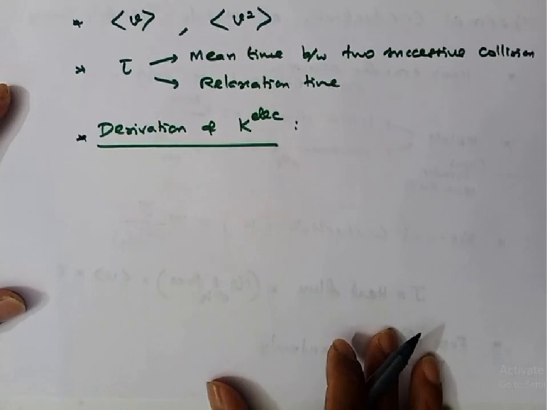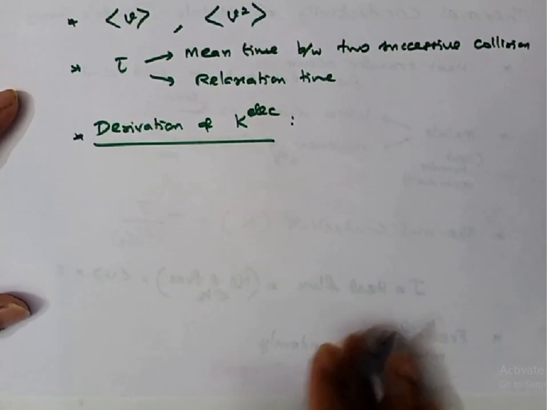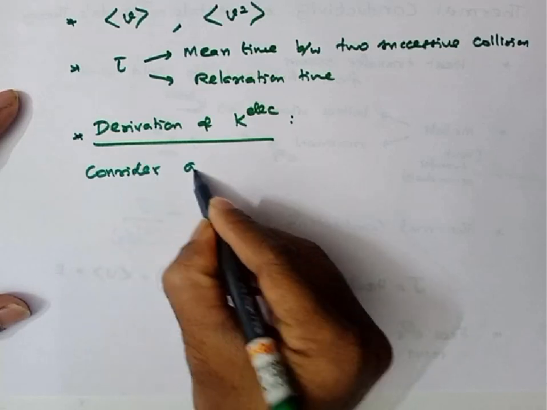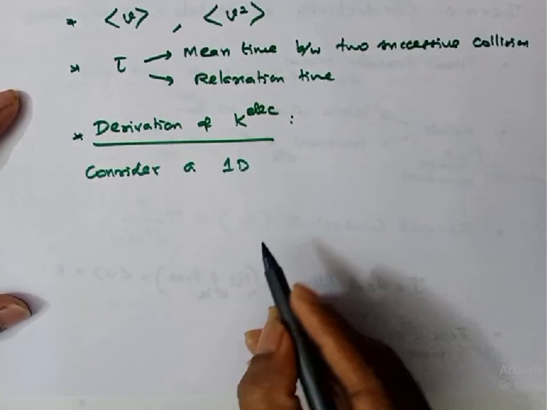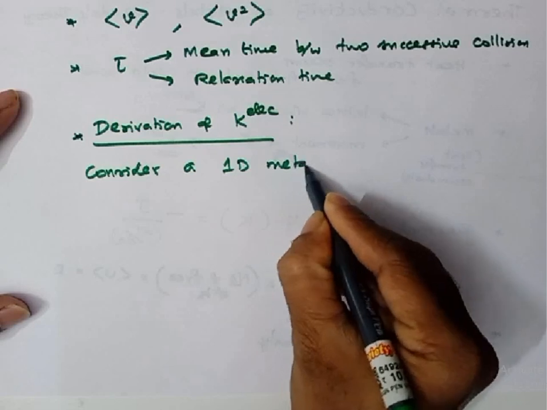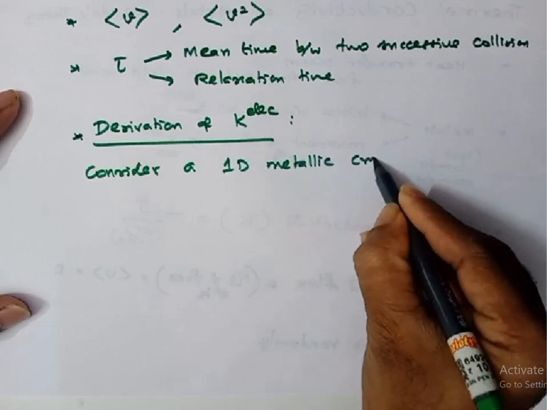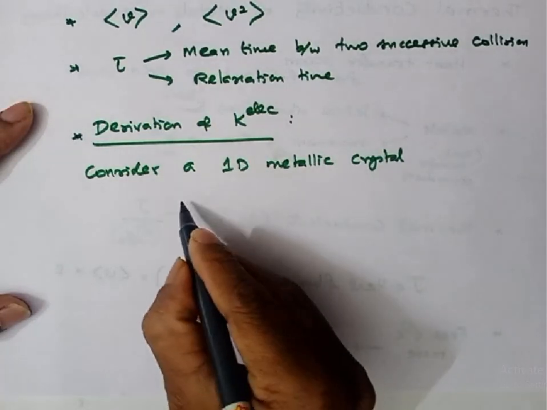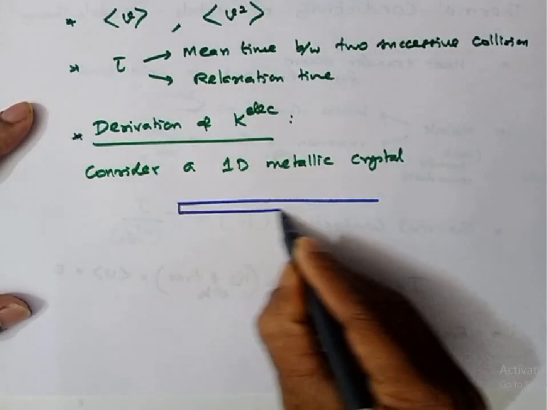For this, what I'm going to do is consider a one-dimensional metallic crystal. So let me take a one-dimensional metallic crystal like this.